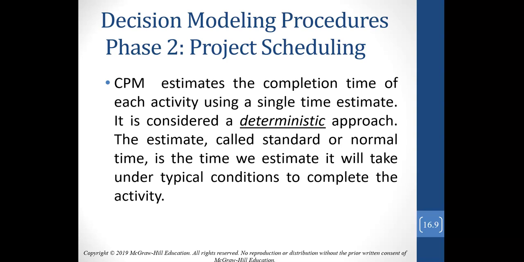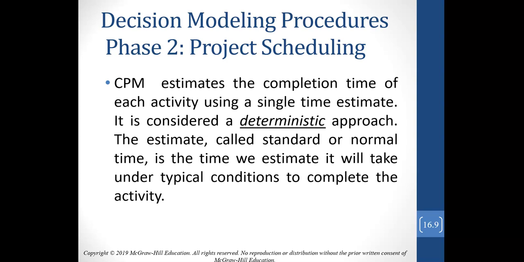And what that does is it estimates the time of completion for each activity using a single time estimate. It's considered deterministic because we decide, okay, we believe that this activity, based upon previous experience with that activity, will take us X number of days or X number of weeks under typical conditions.